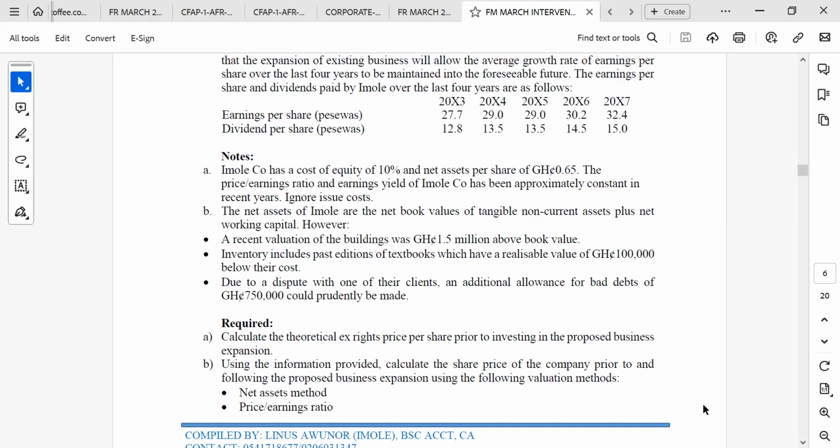Inventory includes past editions of textbooks, which have a realizable value of 100,000 below their cost. What is the meaning?